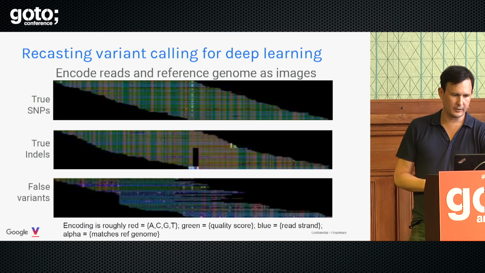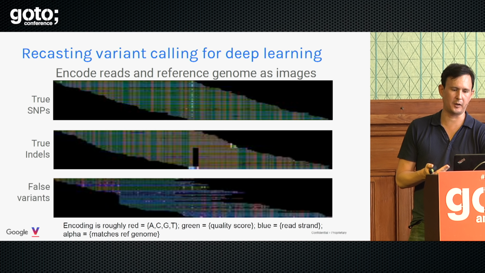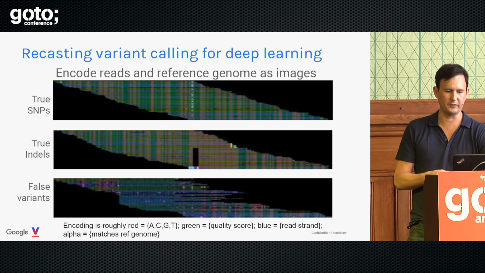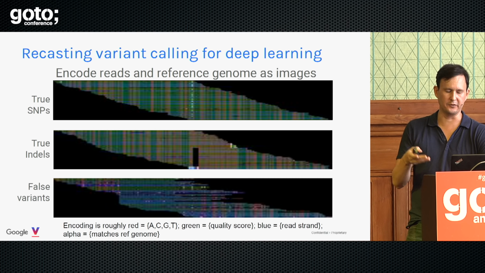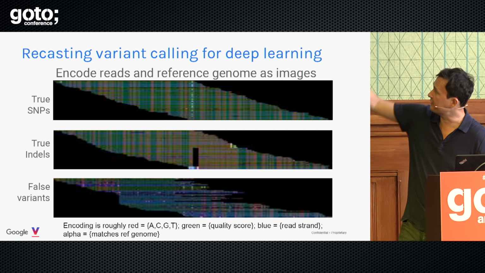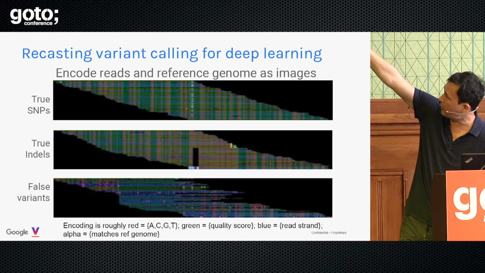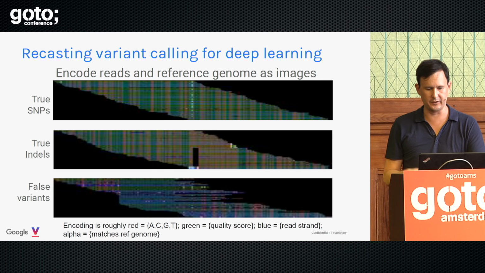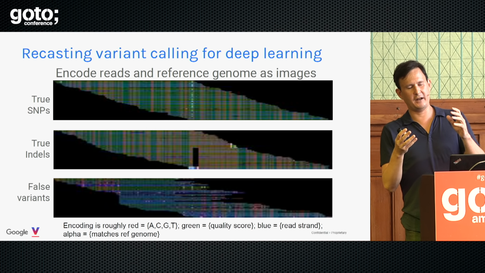All right. Here's a diagram of what that looks like, just doing some color encoding of the pileup image I was just talking about, where different colors and different levels of alpha are used for various attributes of the tensor, just to give you some idea of what's going on. Here in the center one, you can see that black vertical bar. There's a deletion that took place there on the individual we're looking at relative to the reference.